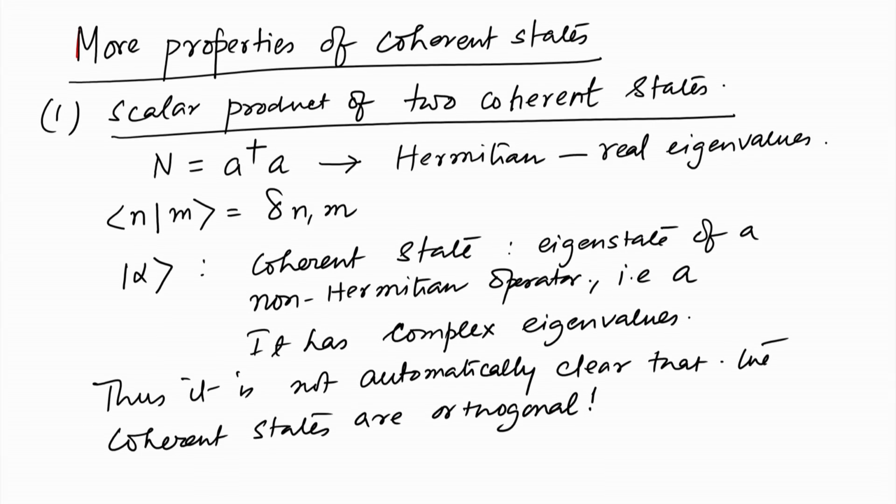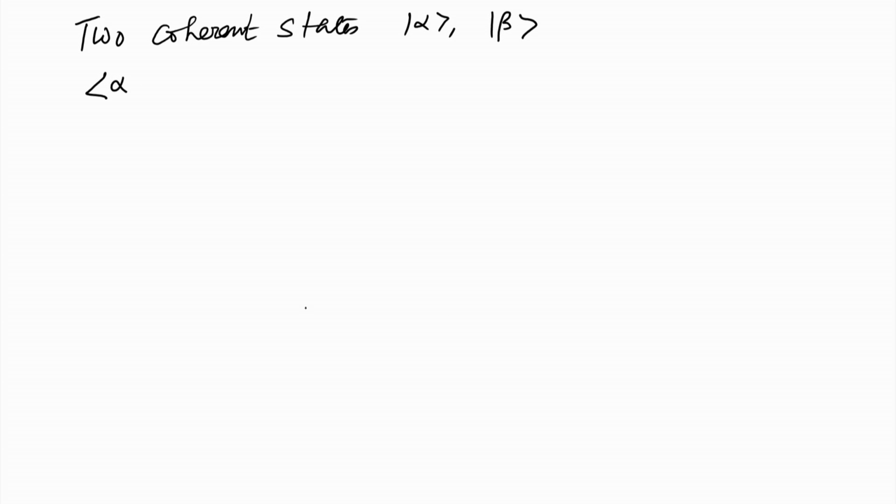Of course, they are distinct from the Fock states, as we have seen earlier, and so it needs to be ascertained whether these are orthogonal states. In order to do that, let us take two coherent states, alpha and beta, and look at the inner product between them.